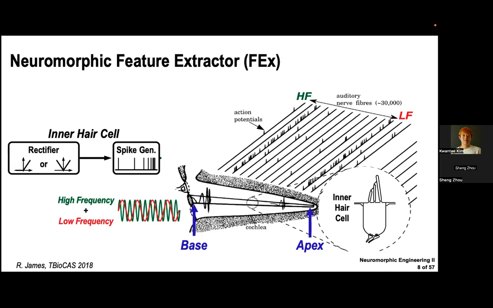For example, in the positive directional traveling wave, the inner hair cell generates more spikes, and on the other hand, in the negative directional traveling wave, it generates fewer spikes, which is a half-wave rectifier here. And this slide shows an example of a high frequency plus low frequency mixed signal as an input that it can filter out. And it generates a high frequency channel and a low frequency channel with more spikes.